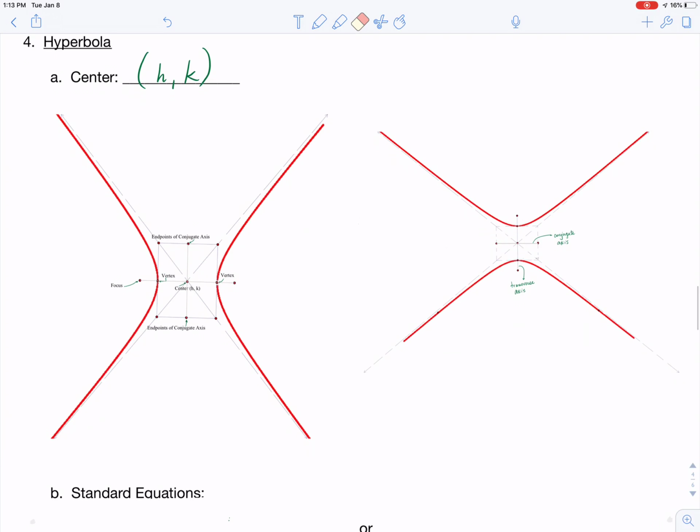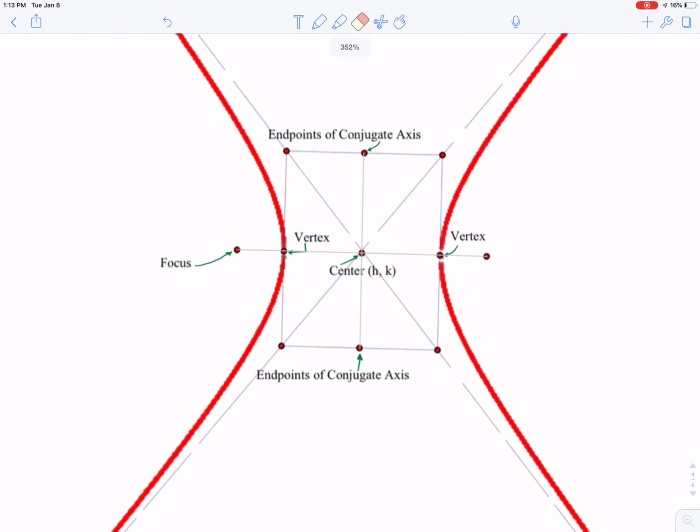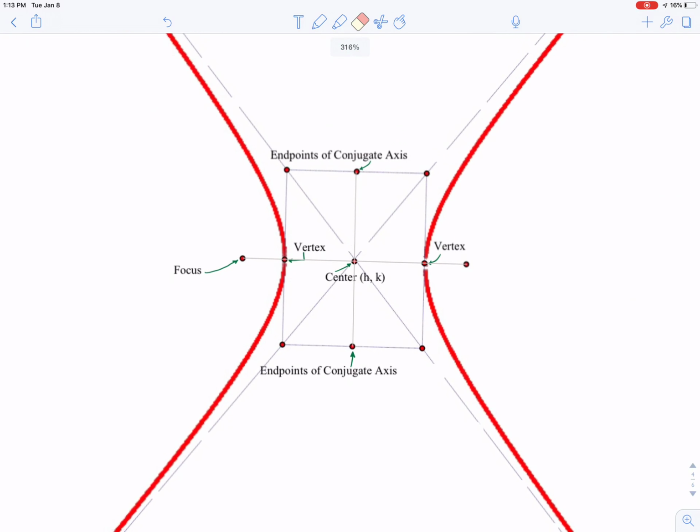So let's go ahead here and zoom in on our labels on this first picture. You notice that I have the center marked. The vertices look a lot like the vertex on a parabola. The focus points, there's two of those. The focus points are inside the hyperbola, kind of like it was on the parabola.